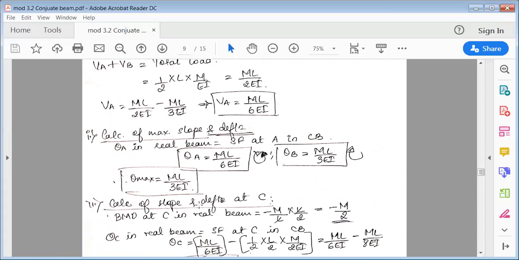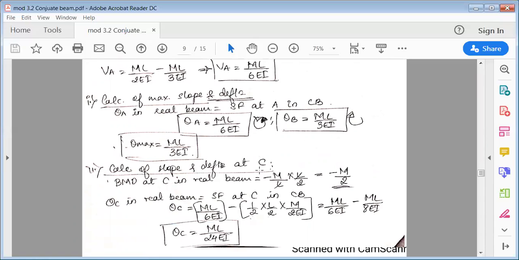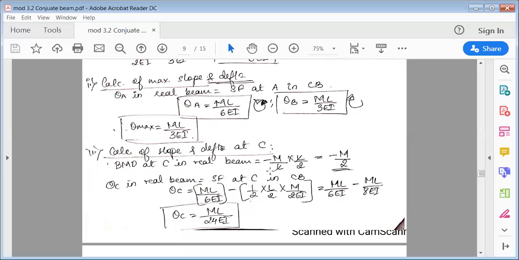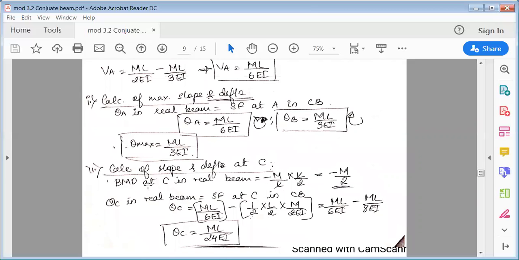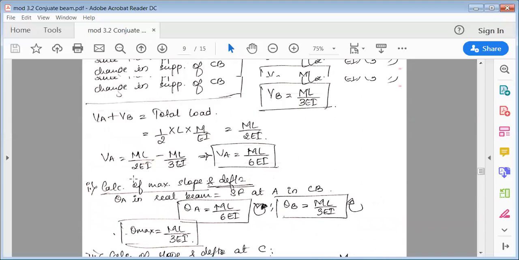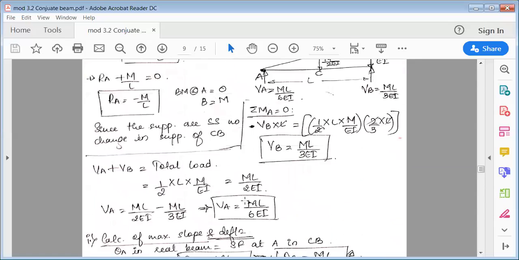Similarly, let's calculate the slope at C. Bending moment at C in real beam is the same; we've already calculated the bending moment here, so no need to write this.